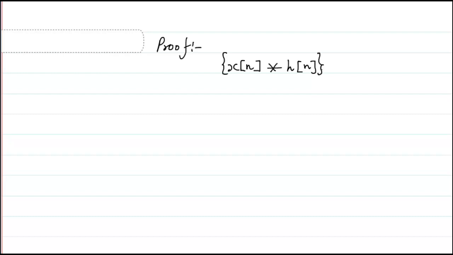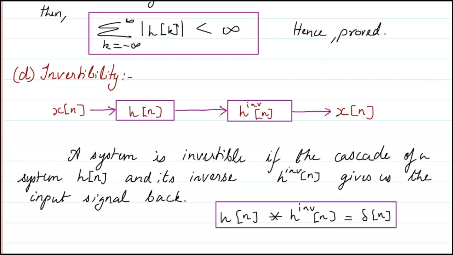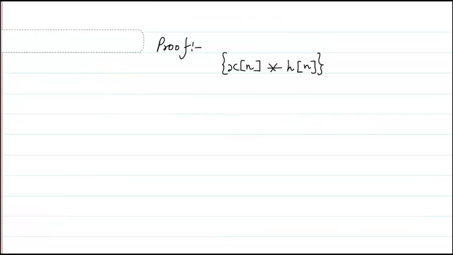That y of n, as shown here, when it passes through h inverse, what happens? I will convolve this with the second system, which is h inverse of n, and that should give me back the original input signal x of n, isn't it?